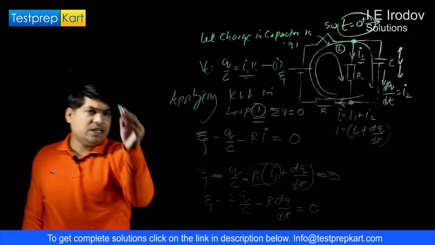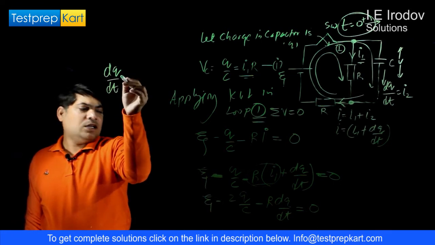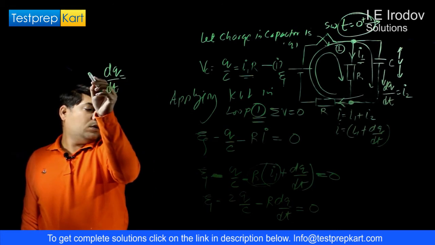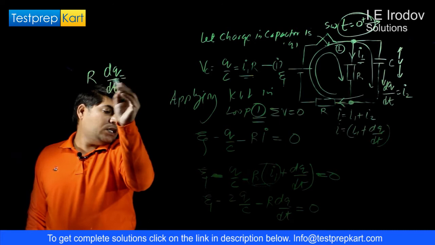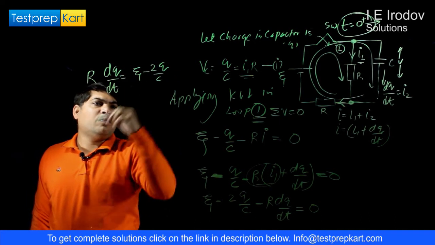We can further rearrange this expression: R into dq over dt is equal to E minus 2q upon C.